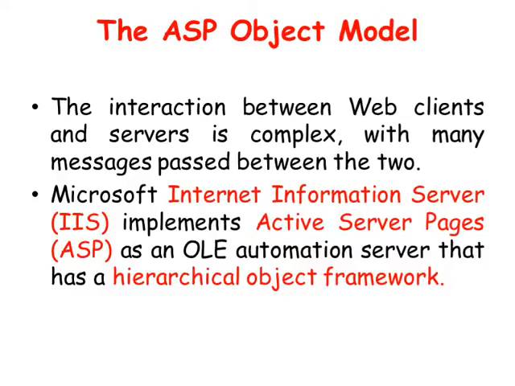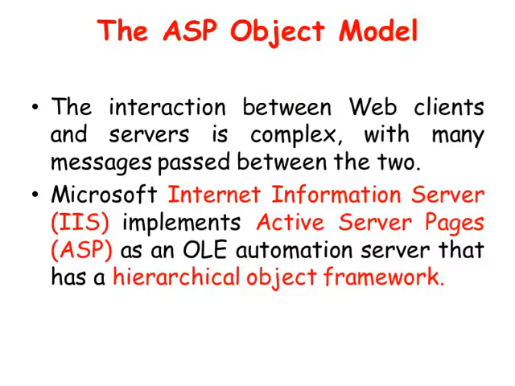So the Microsoft Internet Information Server, IIS, implements ASP as an OLE automation server, object linking and embedding automation server, that has a hierarchical object framework.